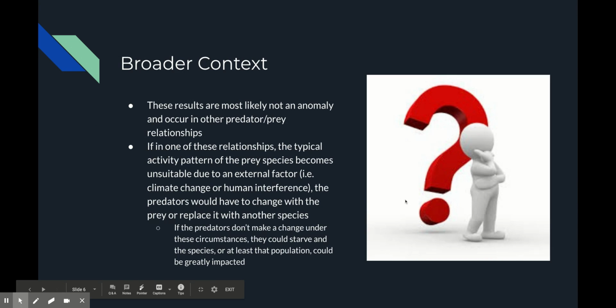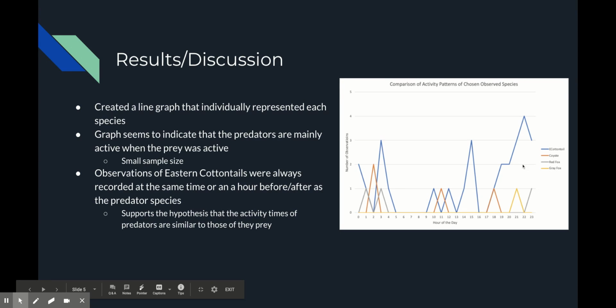You can see in the graph that whenever an observation of a predator was recorded, there was always an observation of an eastern cottontail rabbit, either during the same hour of the day or within 1 hour of the predator observation. This kind of supports the hypothesis that the activity times of the predators are similar to those of their prey.